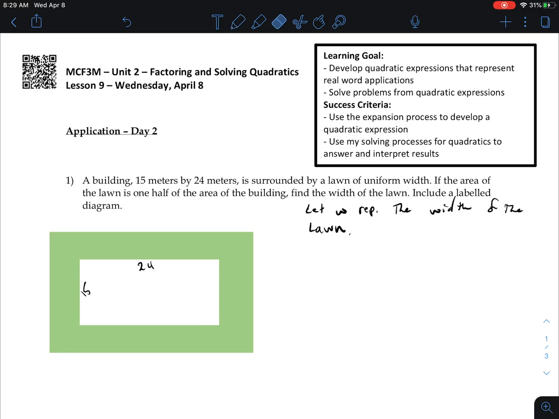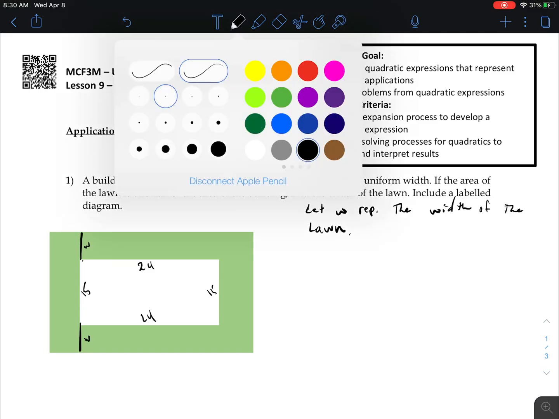Okay, and then from there I can just go, okay, well, let's look vertically here for a sec. So the side lengths that are 15, right? These are 15 all the way around. So if we're looking vertically, then this width here from here to the edge is going to be what we said was little w, right?